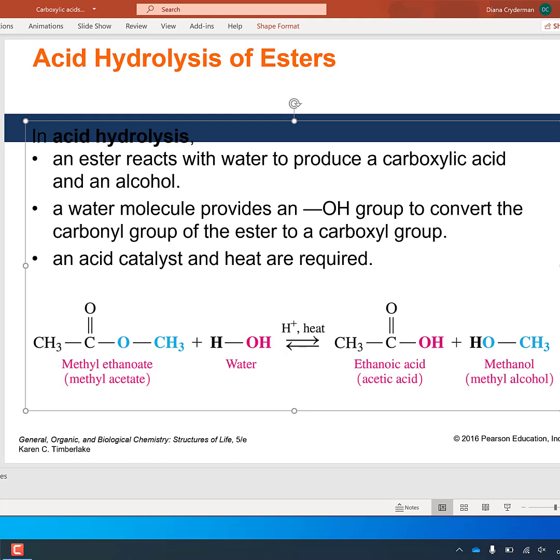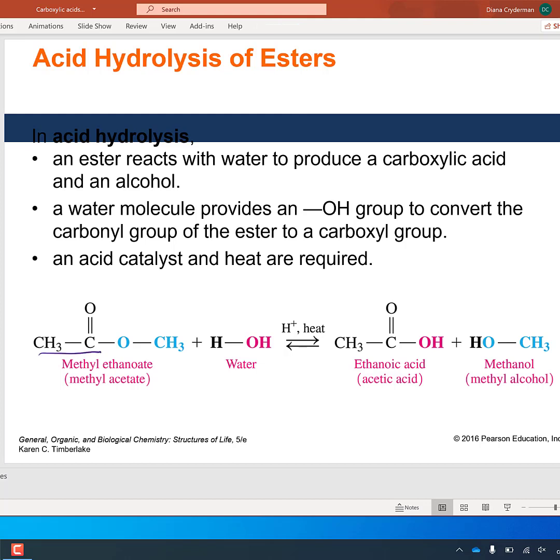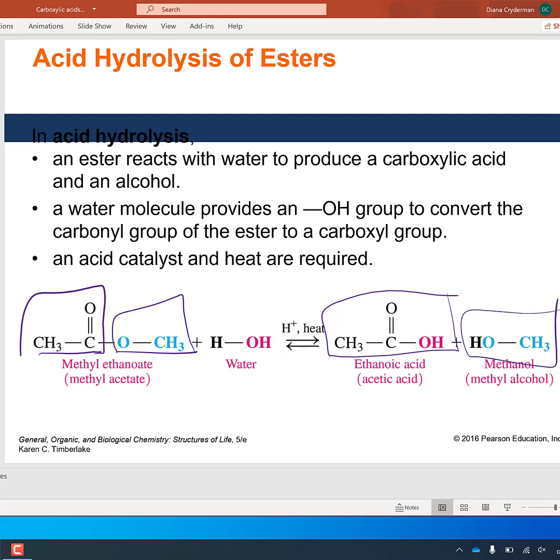So an ester reacts with water to produce a carboxylic acid and an alcohol. Our components here, the carboxylic acid and the alcohol, are going to break back apart into what we would have thought of as their original components. So if we had an ethanoic acid, a 2-carbon carboxylic acid, then that's what we're going to get here, and then a methanol, that's what we're going to get here.